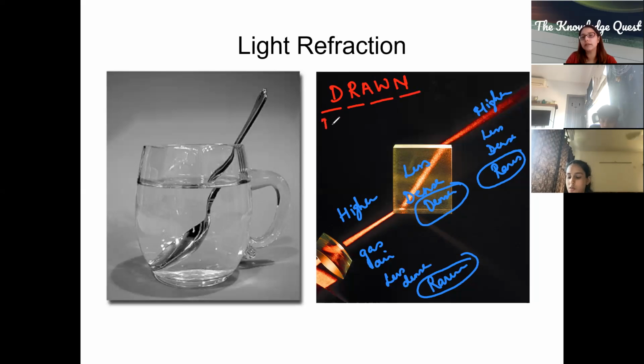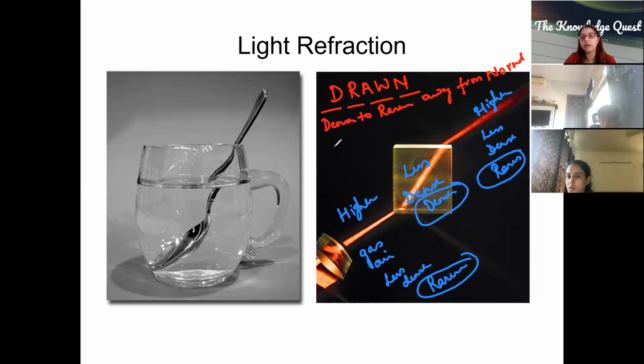D means denser, to rarer. The light which is traveling will move away from the normal. And the exact opposite will happen, Shamik, concentrate.